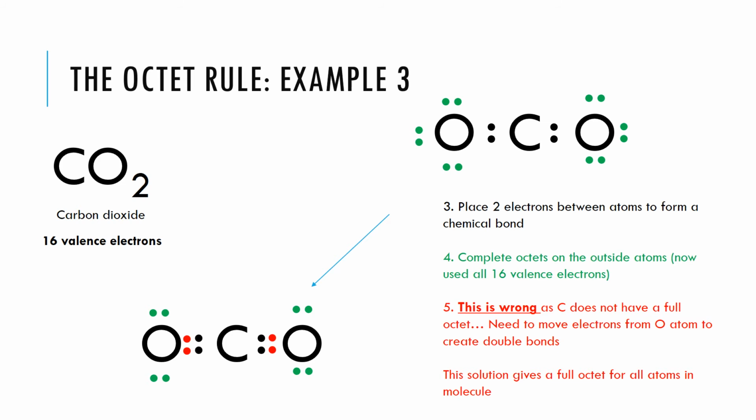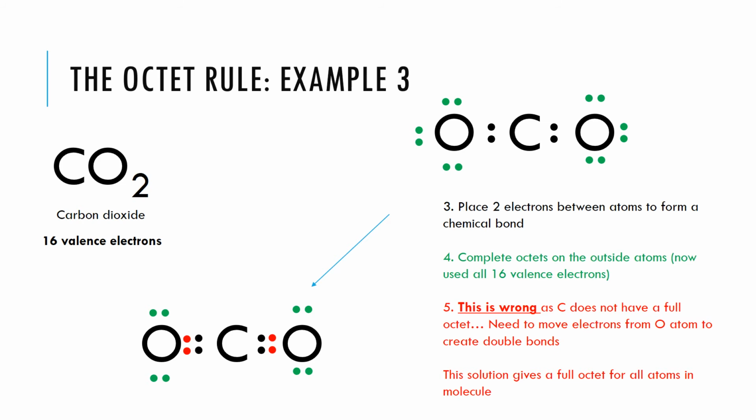So take a look at the molecular structure, or the Lewis structure, that I show you on the bottom left there. What I've done is I've adopted the 5th step, and I've moved electrons from the oxygen, solely from the oxygen, to share between the carbon and the oxygen.